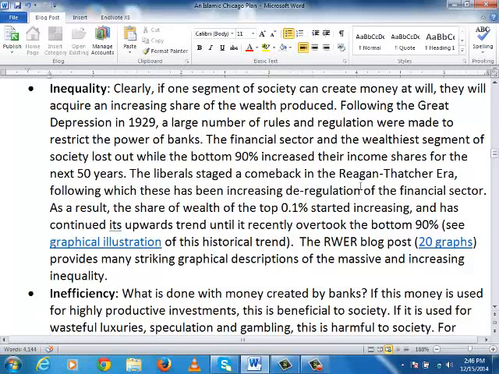As a result, from the 1980s onward, the share of the top 0.1% kept increasing, and the share of the bottom 90% kept decreasing, until now, very recently, the two are equal. So the top 0.1% is about to overtake the bottom 90% in terms of the population share because of the financial deregulation.